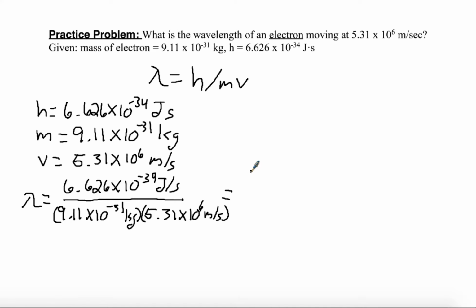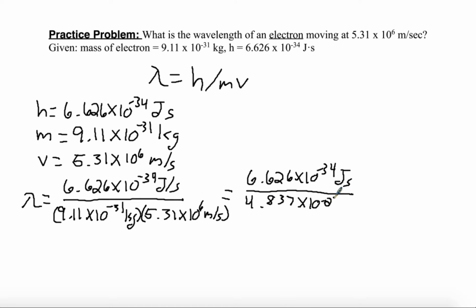Simplifying that a little bit gets us 6.626 times 10 to the negative 34 joule seconds over 4.837 times 10 to the negative 24 kilogram meters per second.